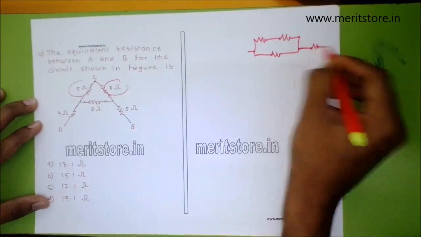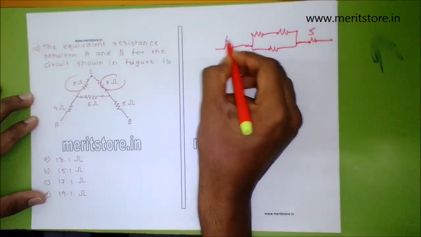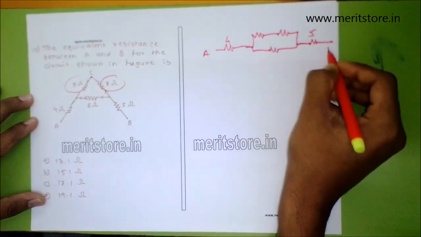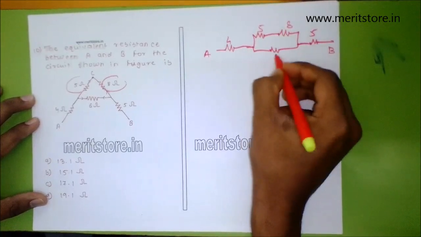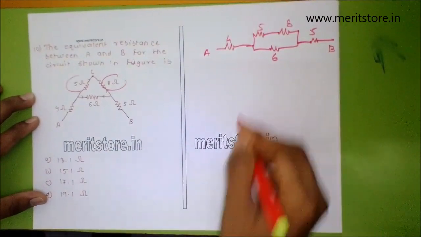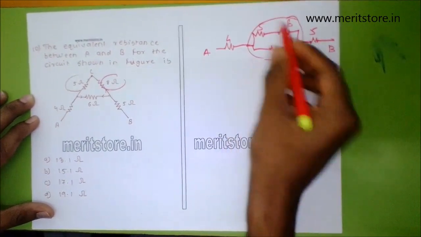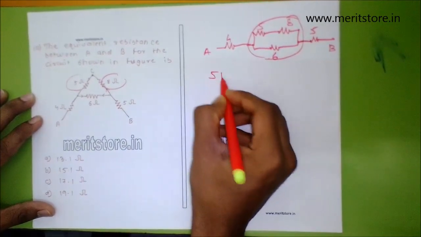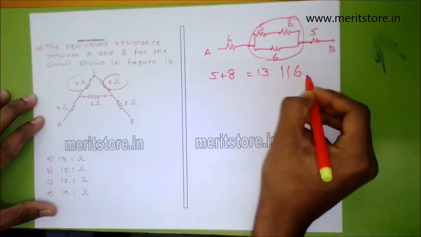So this can be drawn as, and there is a resistance of 5 ohms and there is a resistance of 4 ohms. This is the equivalent circuit. To find the equivalent resistance of this portion, we need to add 5 and 8, 13, in parallel with 6.